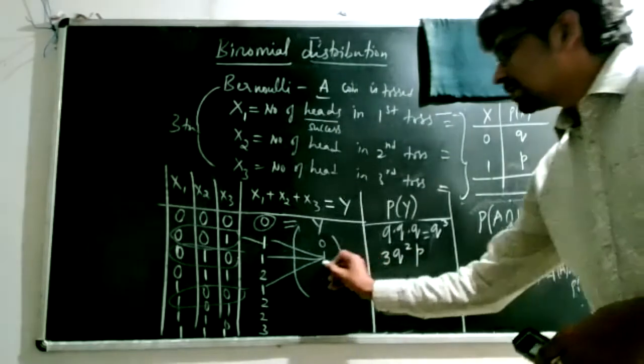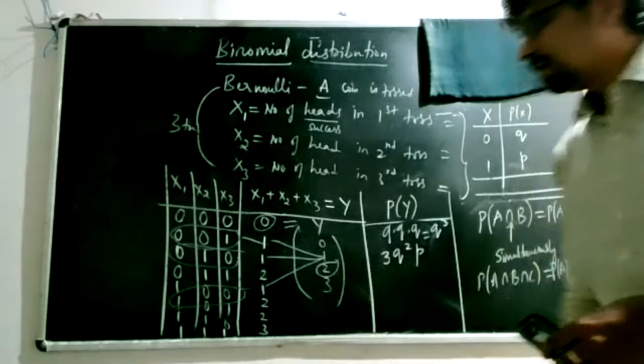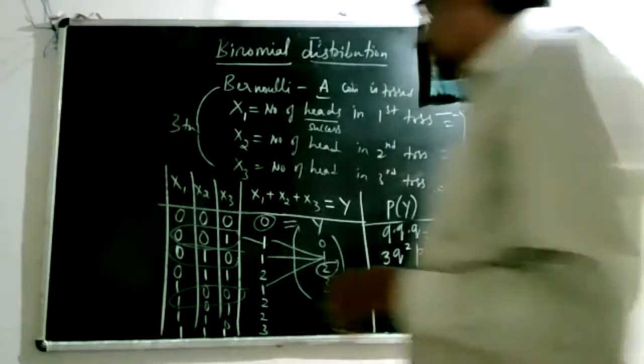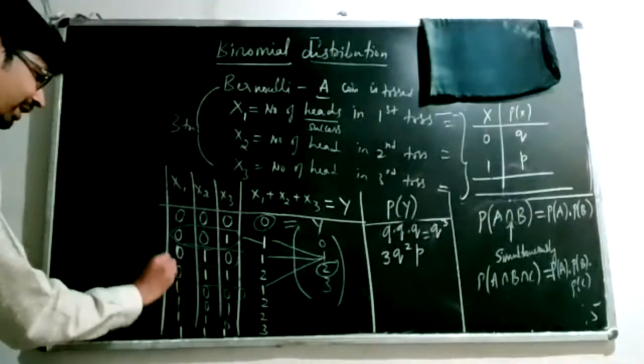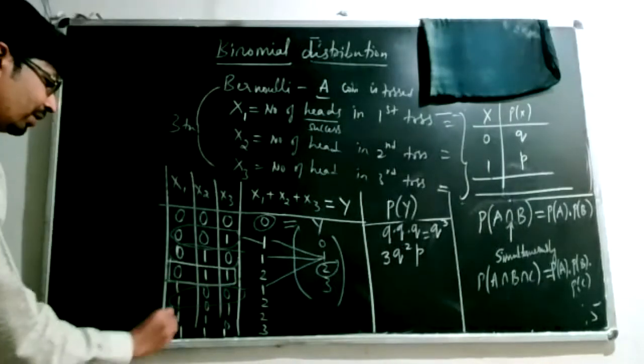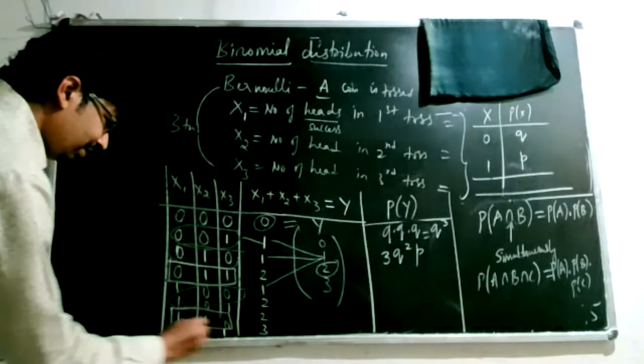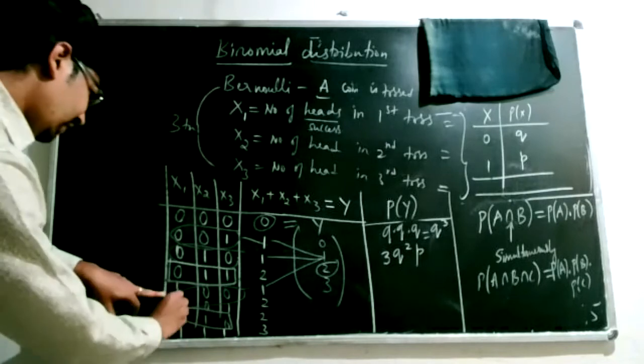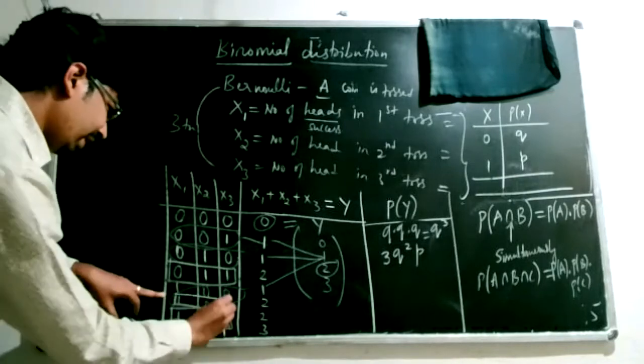Therefore, the probability comes to 3 into Q square P. And similarly, if you see the chance of observing the total heads as 2, a total of 2 heads can come in this way: 0, 1, 1 or 1, 1, 0, and then the other one, 1, 0, 1.